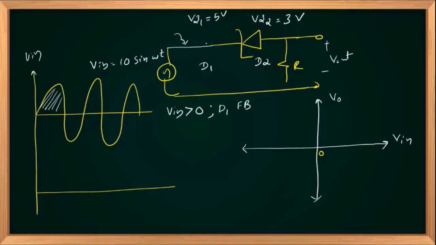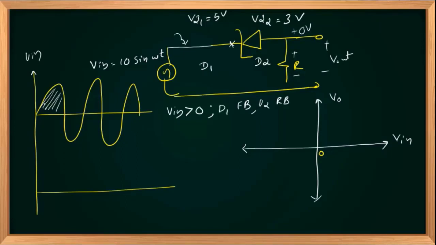Once D1 is forward biased or short, that positive voltage appears at the cathode of the second diode, cathode positive. Of course, if this branch is open, the output is at 0 volts because there is no drop across R. 0 volts at the anode, positive voltage at the cathode, so D2 will be in reverse biased mode.